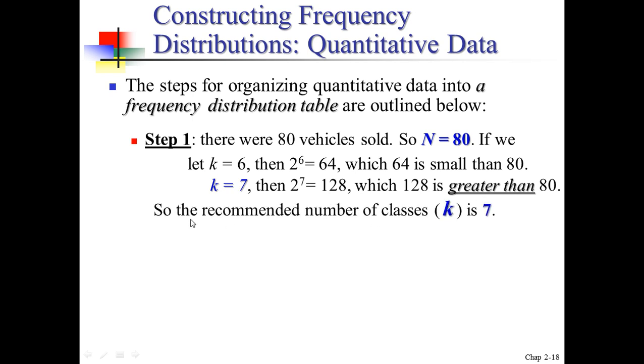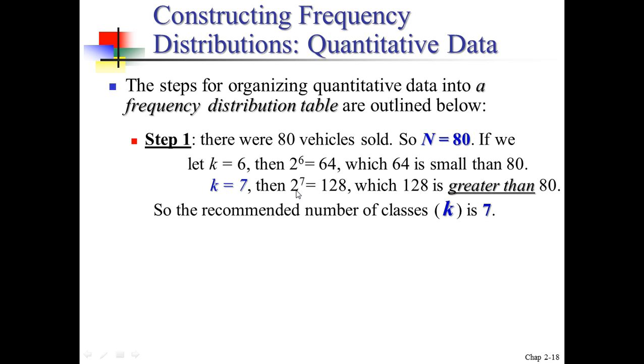That's why I will take k equal to 7. Why not 8? 2 exponent 8 is bigger than 80, but too much bigger. I just take a little bit bigger.